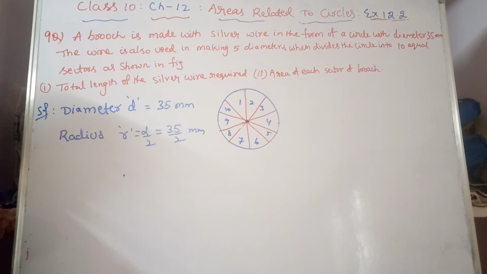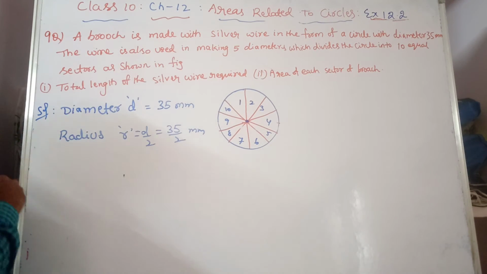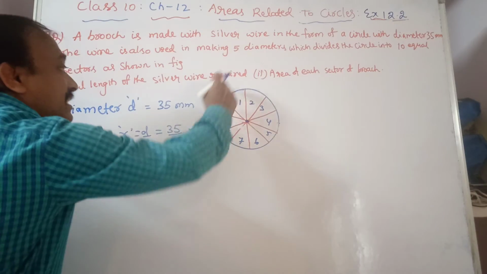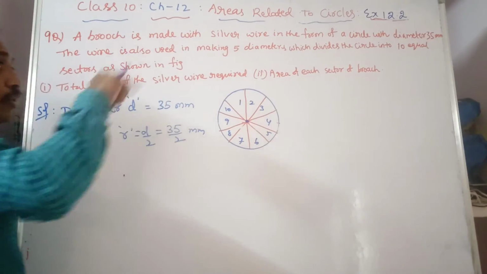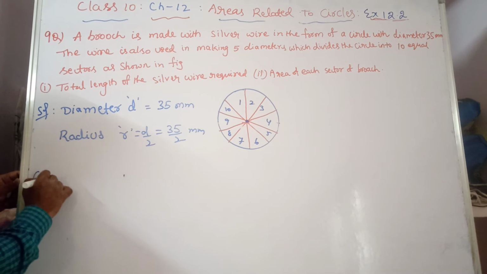Let it be 35 by 2 only; while simplifying we may cancel the terms. Now look at this. First, the total length of the silver wire is required. For that you need to find first the circumference, and the circumference plus 5 diameters together is the total length of the silver wire.